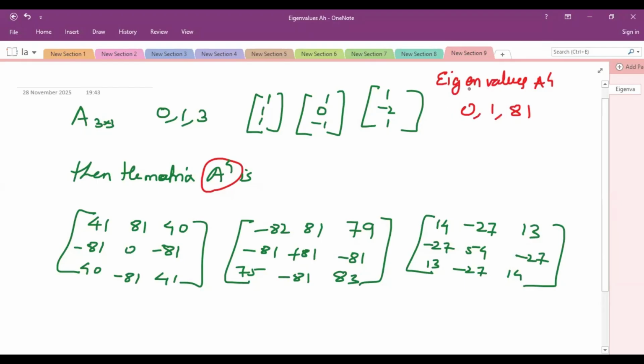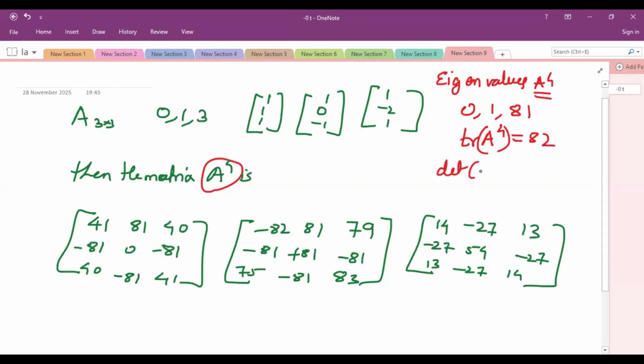So the product is the determinant. And the trace of this A raised to 4 will be 82, right?